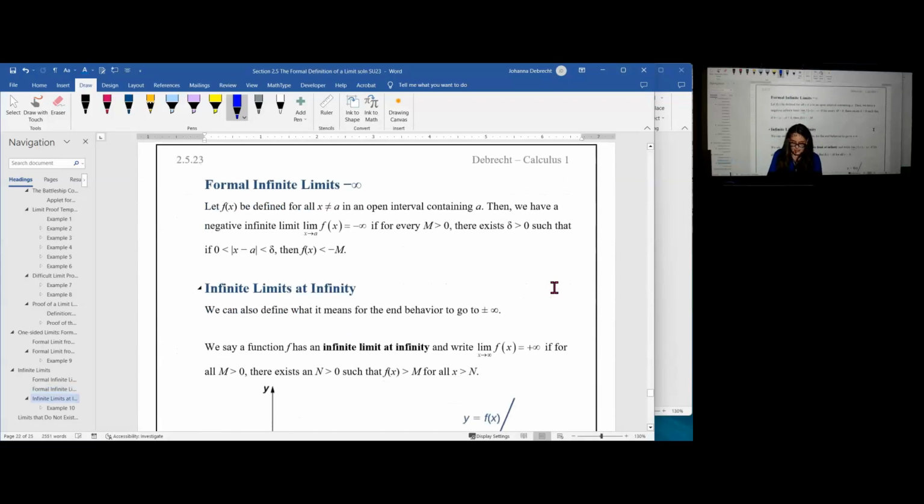Here is the formal statement as we approach negative infinity. Let the function be defined for all x not equal to A in the open interval around A. Same.